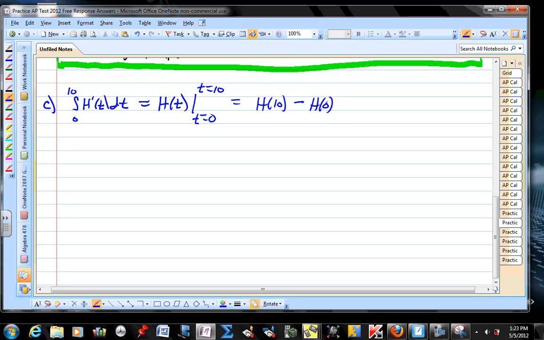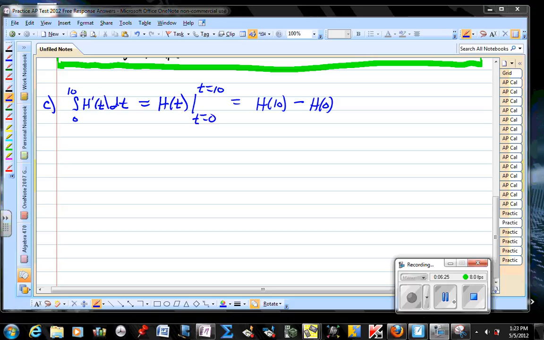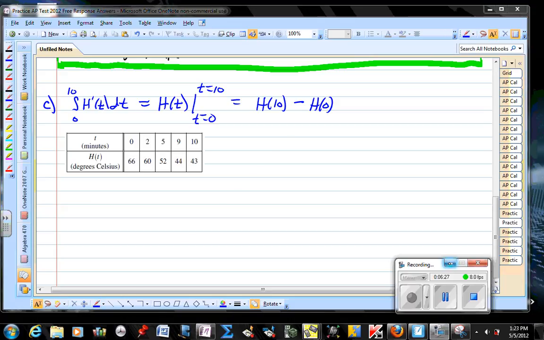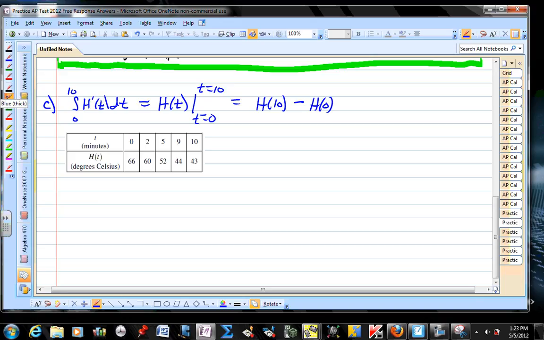If you look at the data table, we can tell that h of 0 is 66, and h of 10 is 43. So that's going to give us 43 minus 66, which is negative 23. So here's what we can say. We can say that the integral from 0 to 10 of h prime of t dt is negative 23.